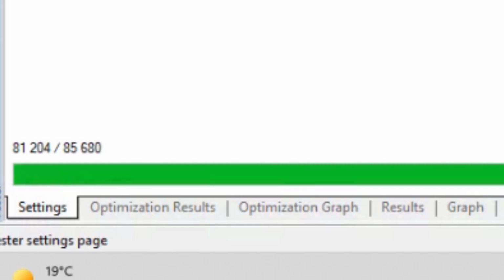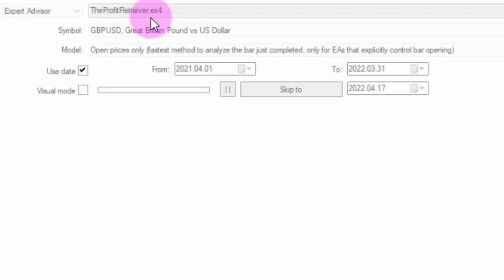So just to give you an idea, I'm testing the Profit Retriever, the pound. I'm using open prices because of the time constraint. If I were to use tick data, this would take literally months to run. So I'm using open prices, and the reason for that too is that I just want a general overview of the settings.